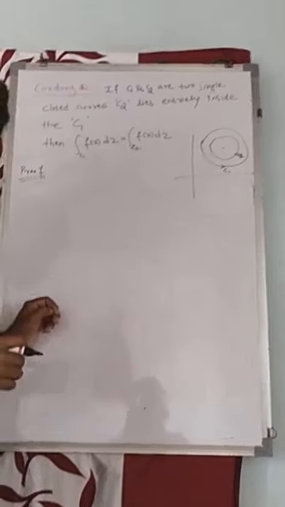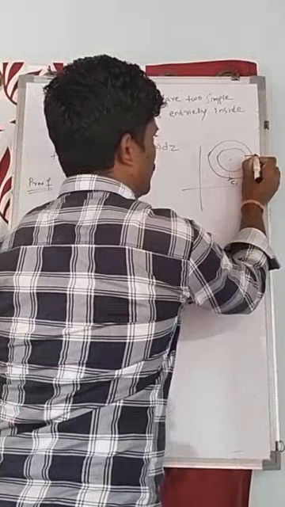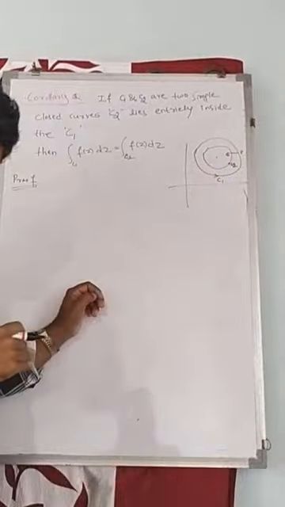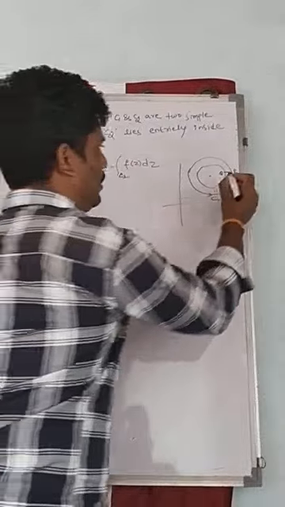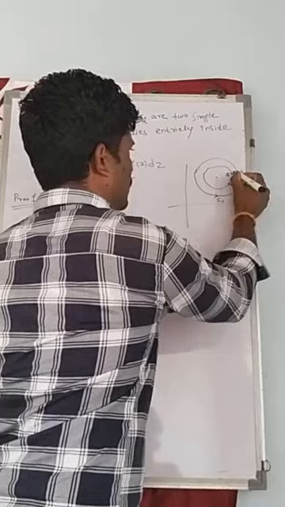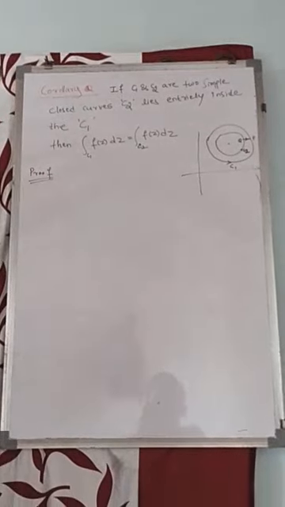These are the two curves. Next, here is one point P and Q joining, in this direction, C1 and C2.